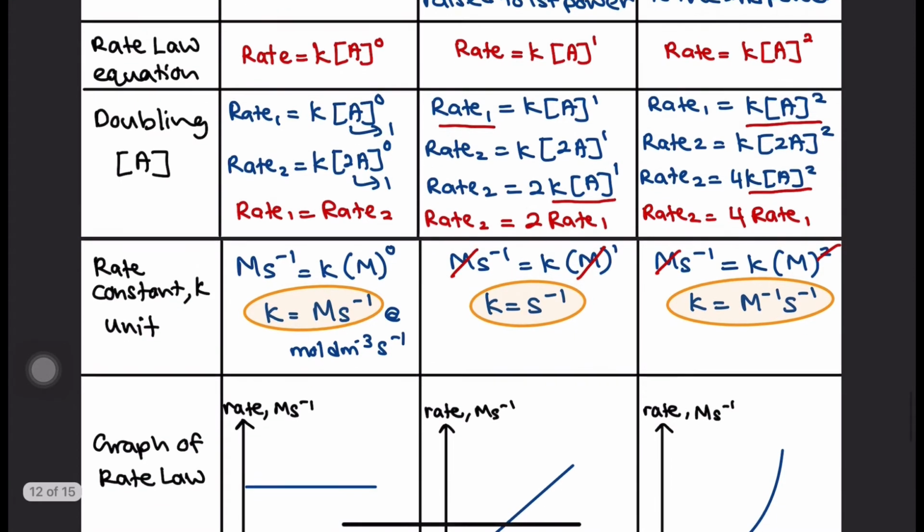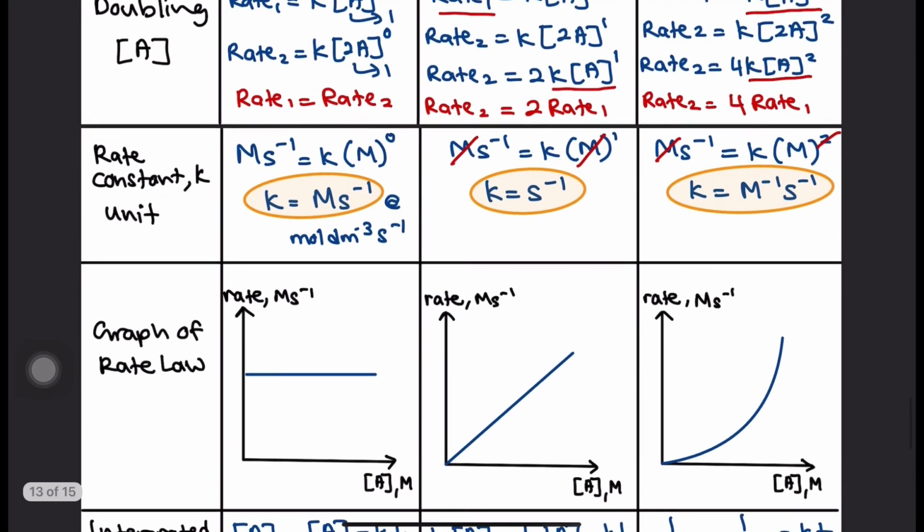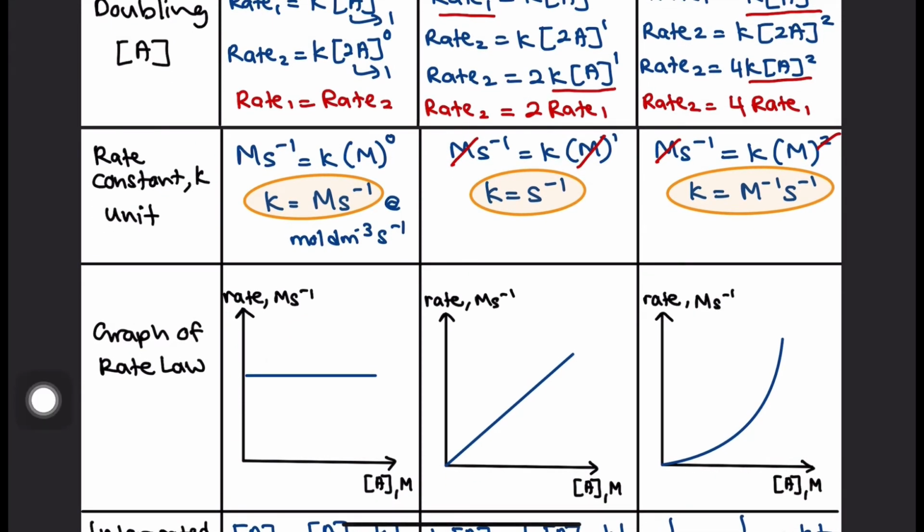Next, let's move on to a graph of rate law. The graph of rate law is obtained by plotting rate of reaction against concentration. Since in a zero order reaction, the rate is independent of concentration, we would obtain a straight line parallel to the x-axis, whereby rate equals k.